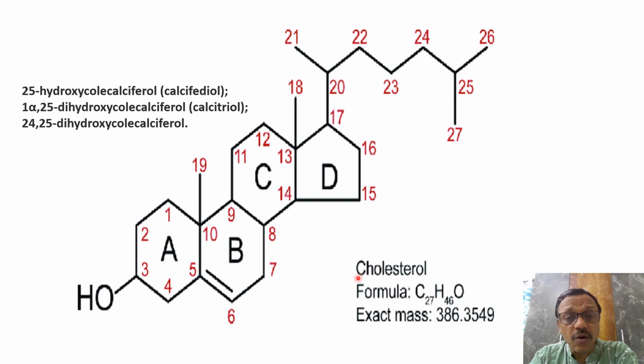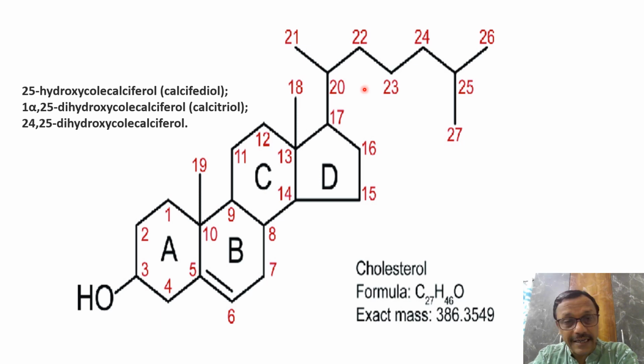So we can say that the cholesterol molecule is the backbone for the synthesis of D3 and D2. Now please see what is the difference between vitamin D2 and D3? The side chain which is being attached to this D, the only difference between D2 and D3 is the difference of this side chain.